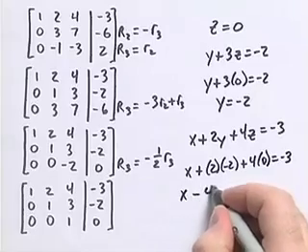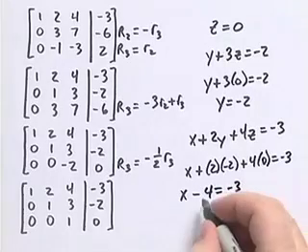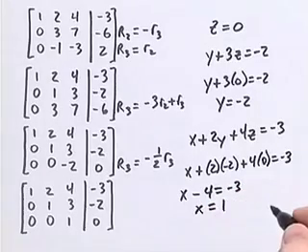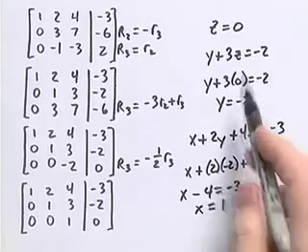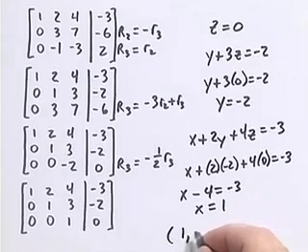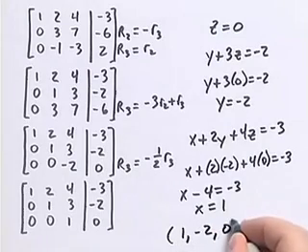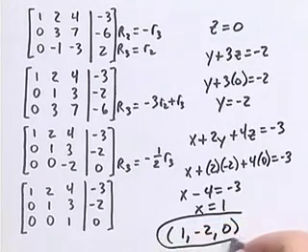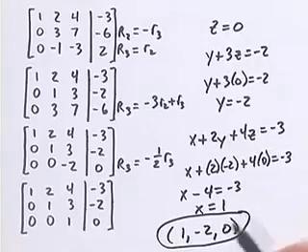So that gives us x minus 4 equals negative 3, or x is equal to 1. Now that we know the values for x, y, and z, that gives us our ordered triple solution, 1, negative 2, 0. Remember, you should go back to the original system of equations and verify that this is indeed the solution and it satisfies all three of the equations.